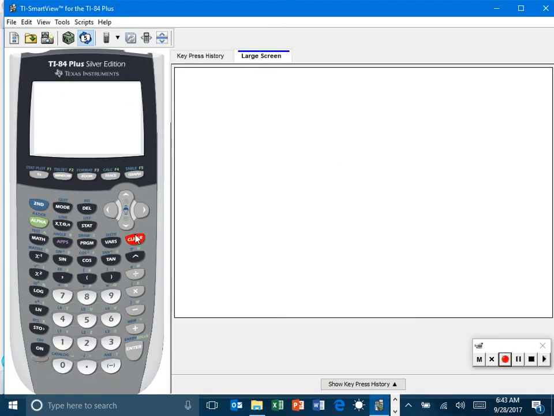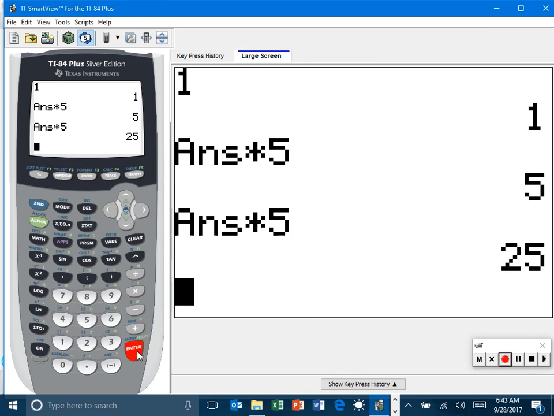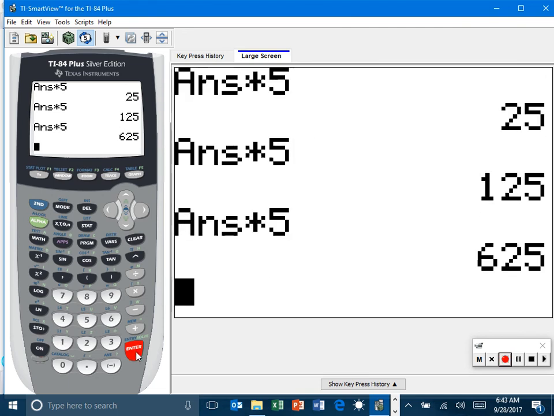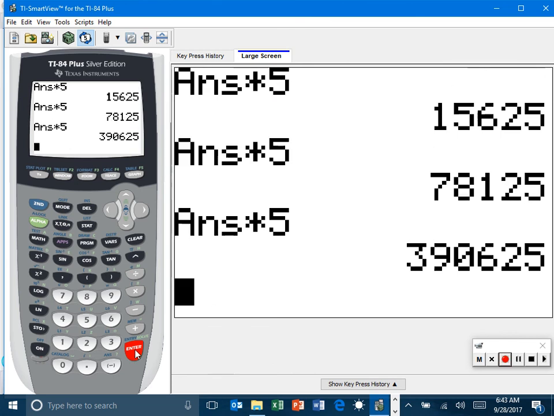So you got to start it on your calculator. You need to go, okay, we started with 1, enter, times 5. So there's 2, 3, 4, 5, 6, 7, 8. And we want the 9th number, and there is the 9th number, 390,625.